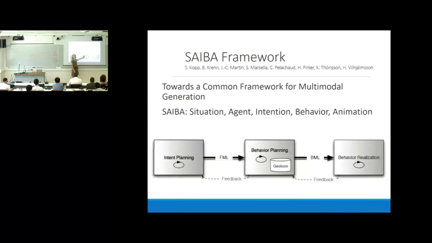Then we find out through which modality we are going to convey the different intentions. And then we realize it, where we synchronize the multimodal behaviors. So we have different steps, and that's where the Function Markup Language is at the intention level, and the Behavior Markup Language for the behaviors is here.